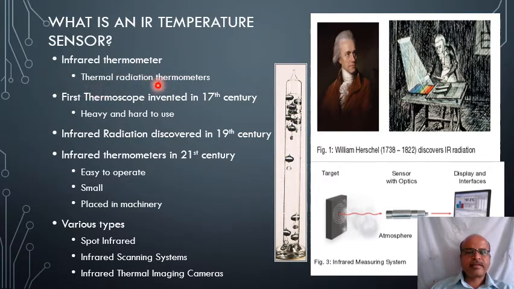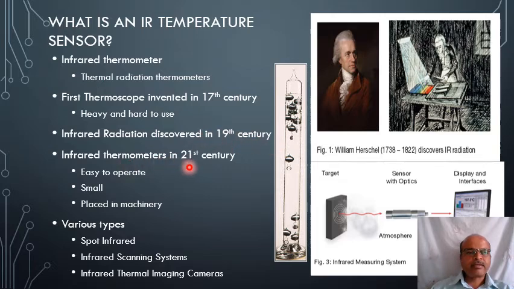Basically, it is an infrared thermometer, and thermal radiation thermometers are available in the market. The first thermoscope was invented in the 17th century, and it was heavy and hard to use. Infrared radiation was discovered in the 19th century.